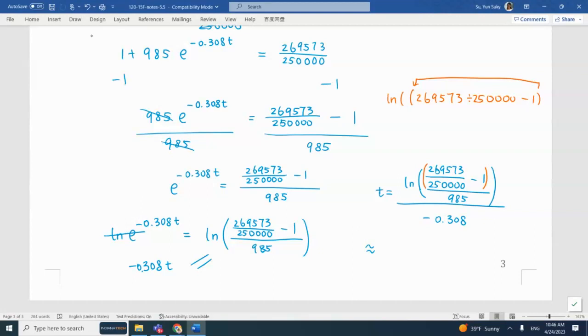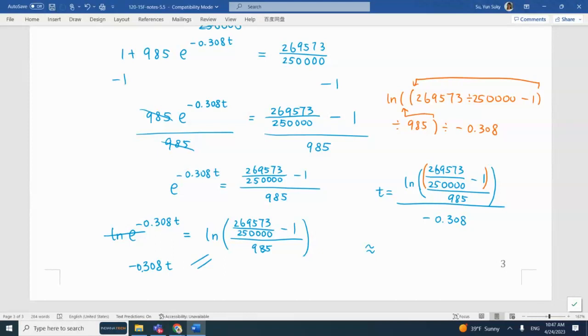Then you divide by 985, another parenthesis, which takes care of that. Then divided by negative, this is the negative sign, not subtraction, 0.308. Those are the necessary parentheses. Don't put too many, but don't put too few. Make sure each pair is matched.